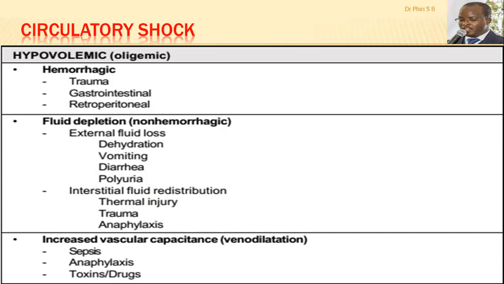It can increase to 80%, and that can also result into hypovolemic shock because on the arterial side, you have less blood. And that can be due to sepsis when there is infection, anaphylaxis, allergic reactions, toxins, and certain drugs that can result into an increase in vascular capacitance.